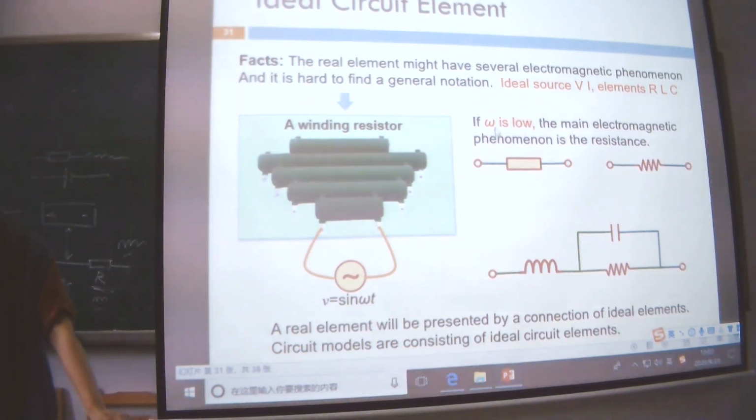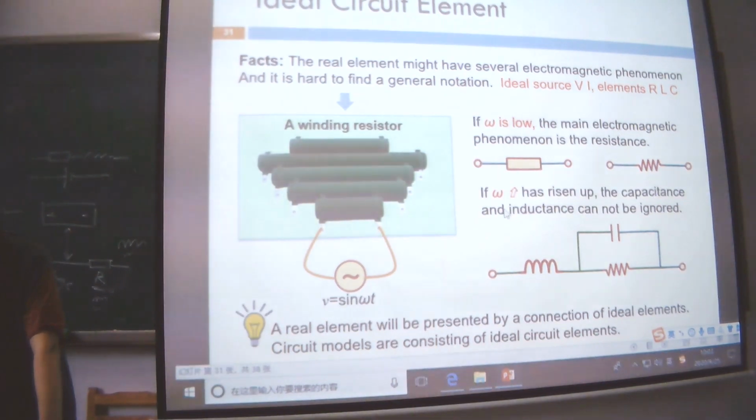Variable resistance: if omega is low, the main electromagnetic phenomenon is resistance. That means when omega is low, it is this one, right? But if omega is rising, the capacitance and inductance cannot be ignored. Then the resistor becomes this one.